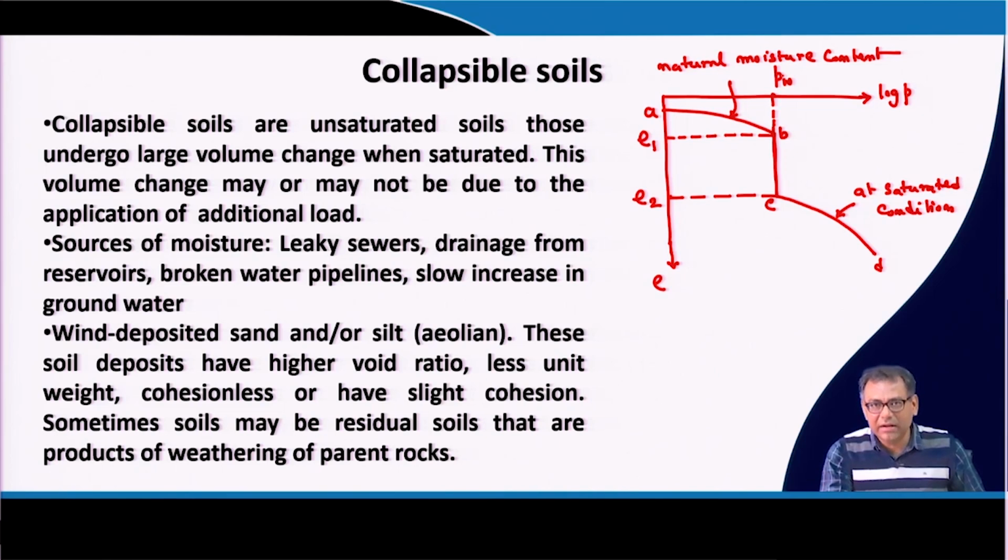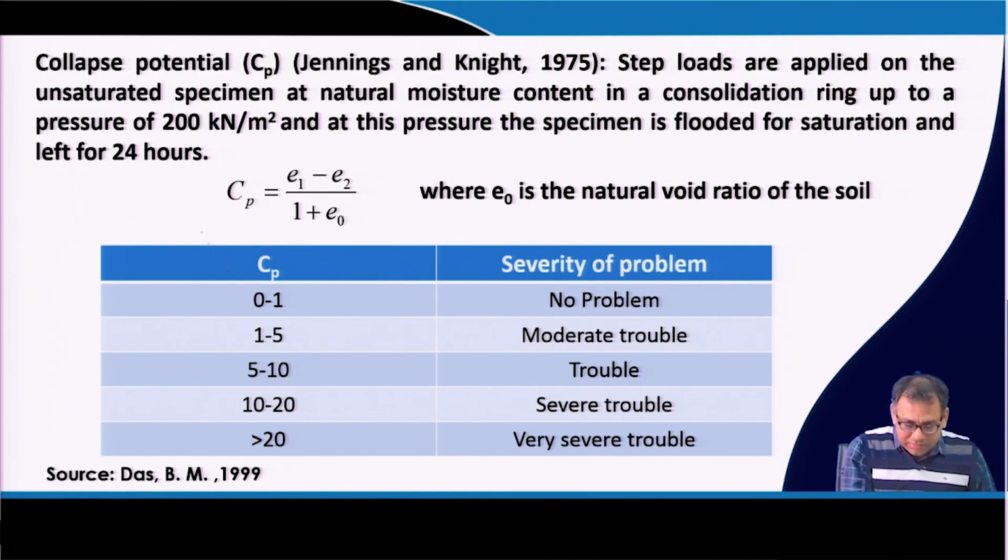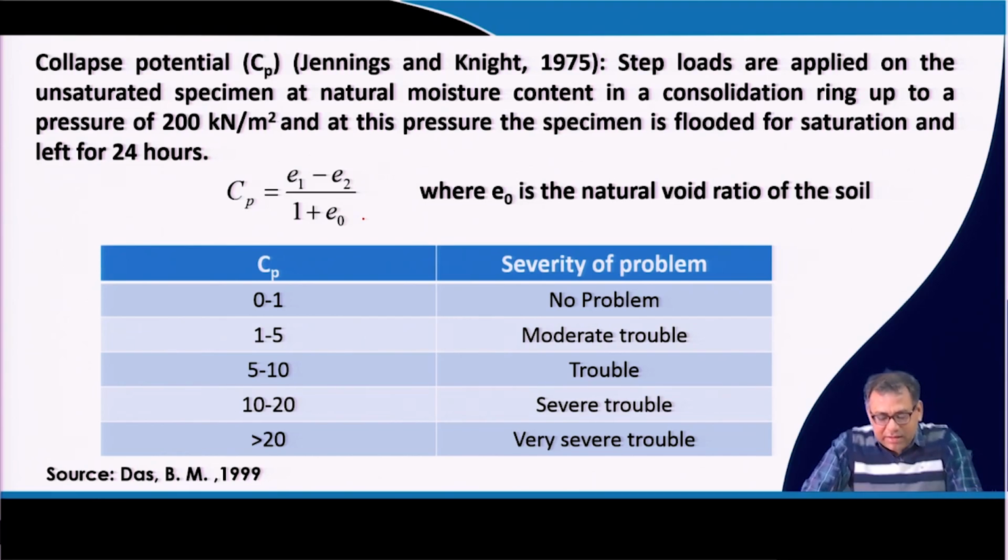Then it is flooded and kept for 24 hours, then it will go from A to C. So, we will measure e1 and we will measure e2, and then we will write this collapse potential. So, that is (e1 minus e2) over (1 plus e0). e0 is the natural void ratio of the soil.